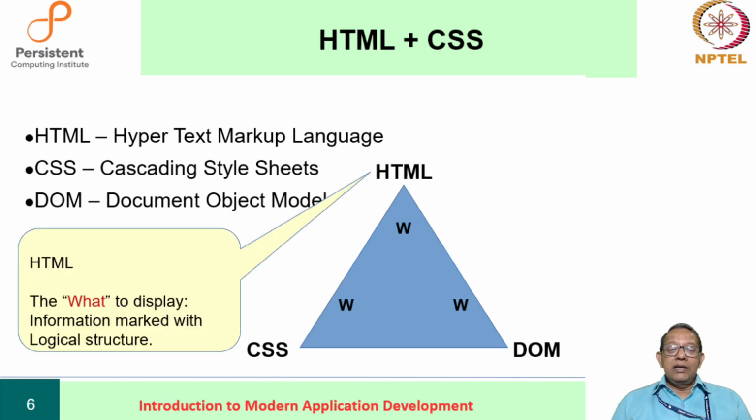The HTML is about what to display, the content. HTML stands for hypertext markup language. What it means is that the content to be displayed is marked for the kind of presentation it should be. It's a logical marking.